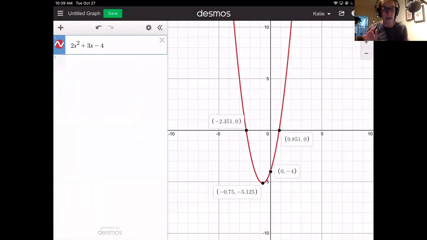But remember that I only care for solutions. I only care about my x-intercepts. So I'm going to turn off these guys. And those are my two solutions. I see that it has two solutions.